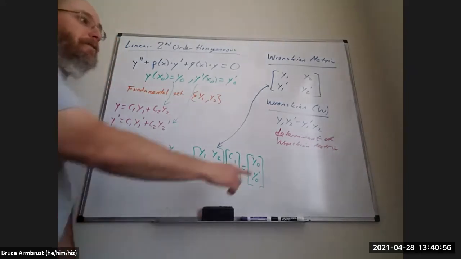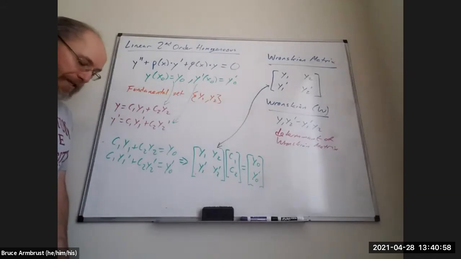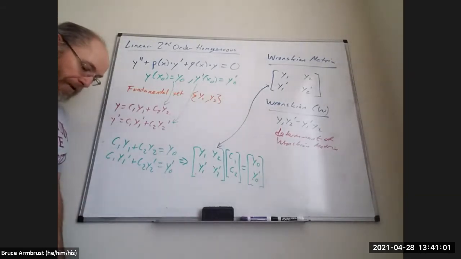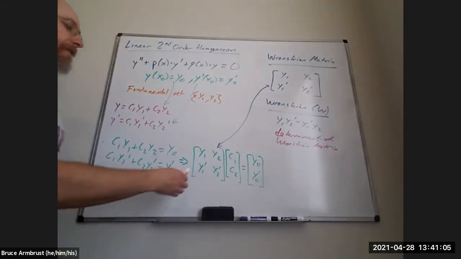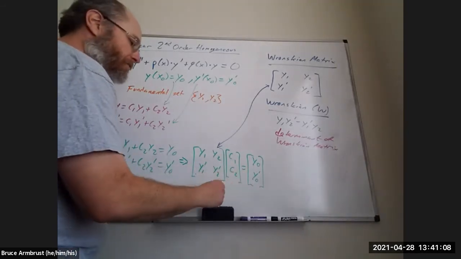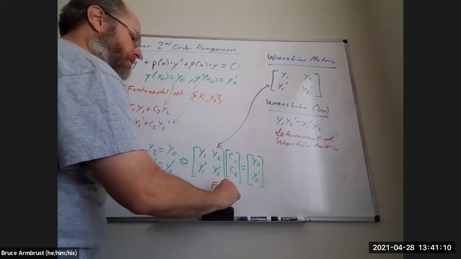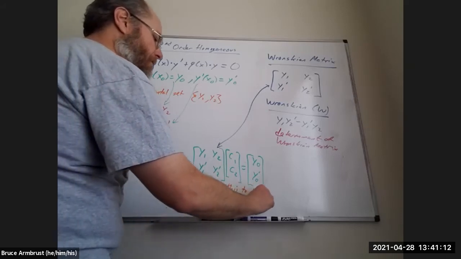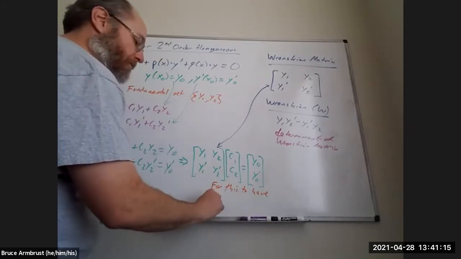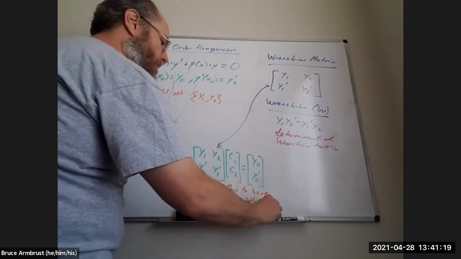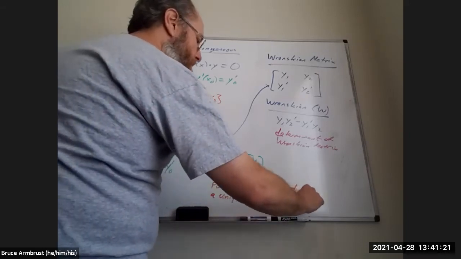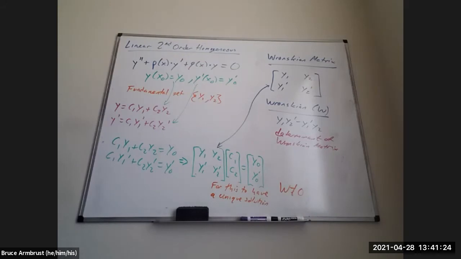So that's why all of a sudden we care about the Wronskian itself, right? What we know is that for this to have a unique solution, we need W cannot equal 0. The Wronskian itself cannot equal 0.